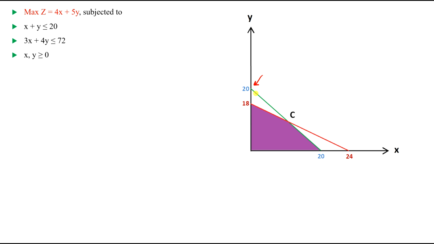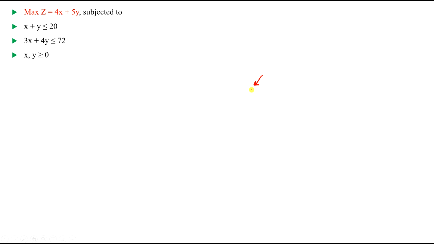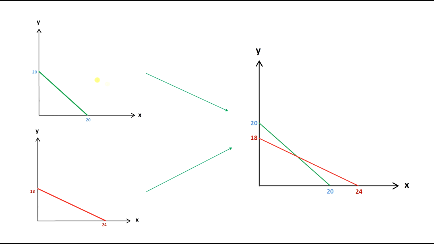Now the question is, x plus y less than or equal to 20, right? I am talking about this line representing x plus y equal to 20, and I am looking for less than or equal to 20.